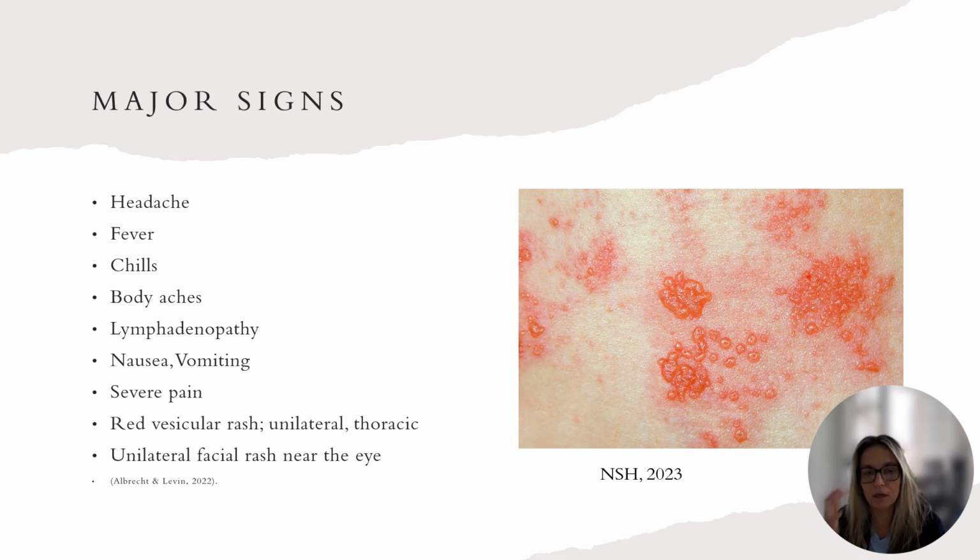The rash will appear as a vesicular and distributed along one nerve pathway based on the affected nerve where the virus was latent. A prevalent sign is that within a few days of acute onset of the rash, vesicles will appear in groups and they will turn into pustules.